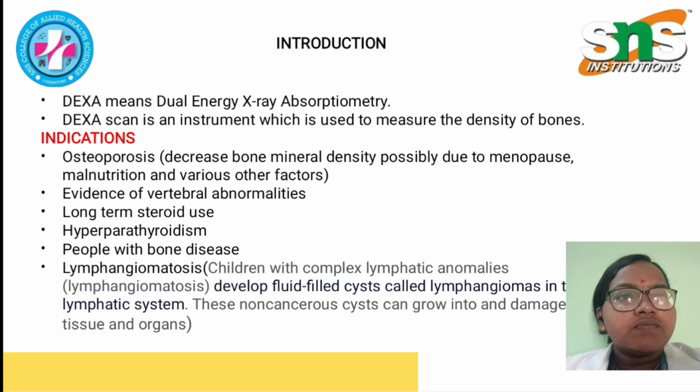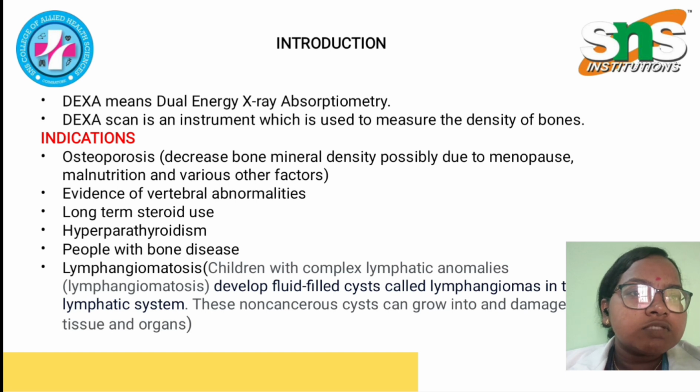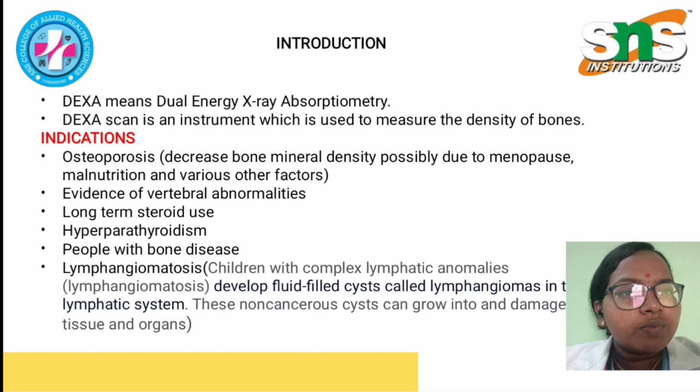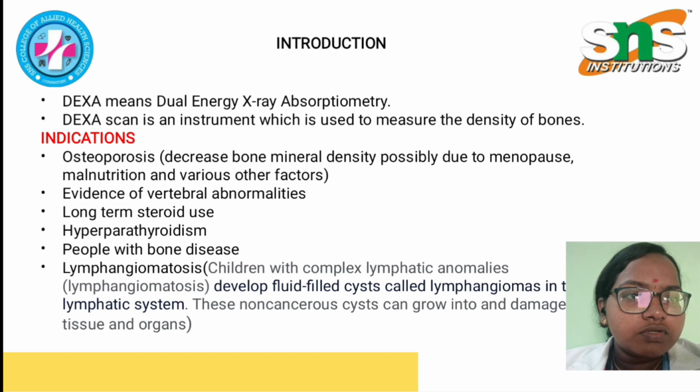So, to measure the density of the bone, we'll be taking this test, in patients who are affected with osteoporosis, meaning decreased bone mineral density, possibly due to menopause, malnutrition, and various other factors, and evidence of vertebral abnormalities, long-term steroid use, hyperparathyroidism, people with bone disease, lymphangiomatosis, which is children with complex lymphatic anomalies, and lymphangiomatosis, which develops fluid-filled cysts called lymphangiomas in the lymphatic system.